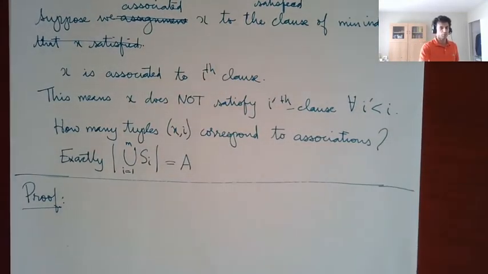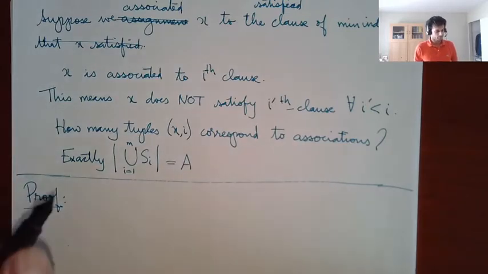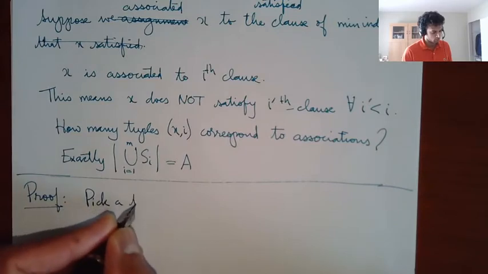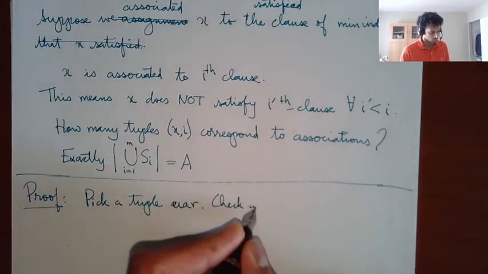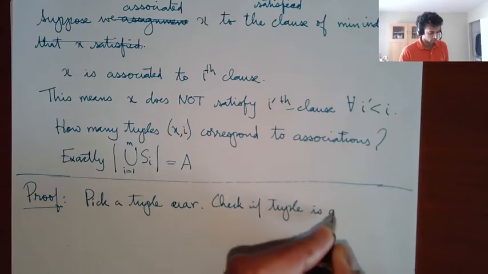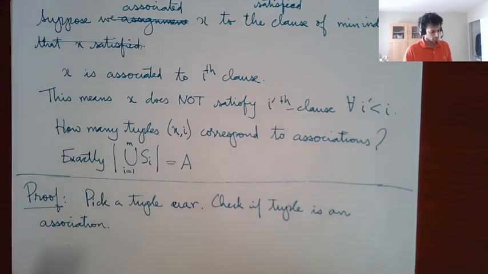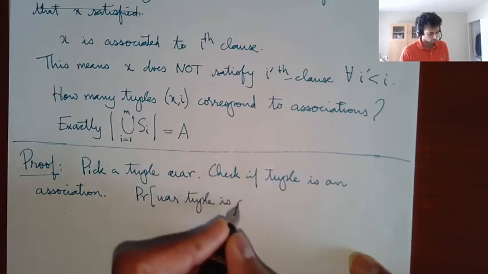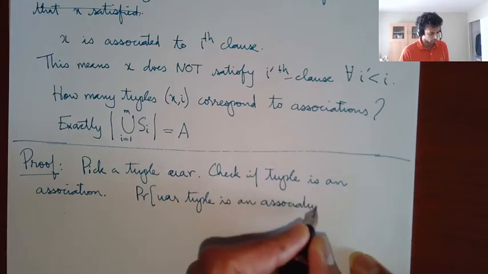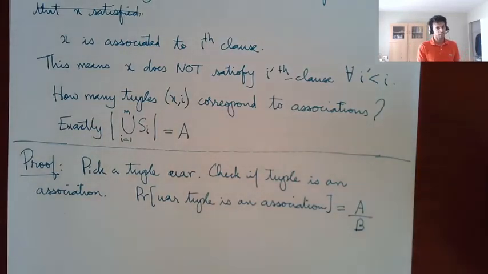If you look at the number of associations, it's exactly A. If you look at the total number of tuples, it's B. So the idea is you pick a tuple uniformly at random, check if the tuple is an association, and the probability that a uniform at random tuple is an association is precisely A divided by B. And that's exactly what the algorithm is doing.